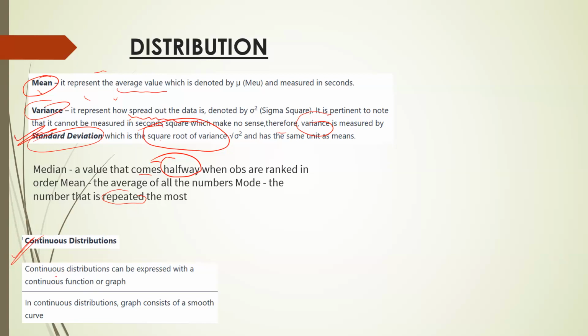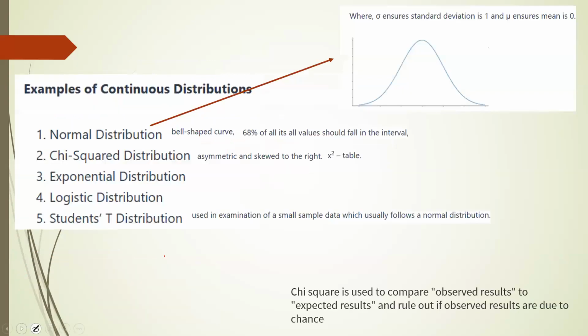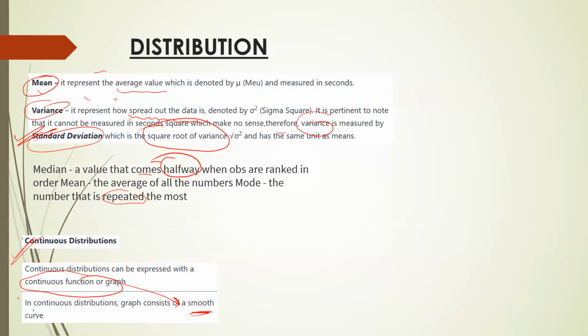For continuous distribution, it is generally expressed as a continuous function or a graph, and generally it is a smooth curve.